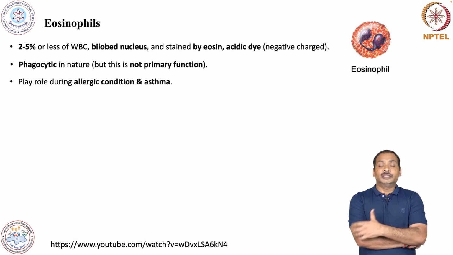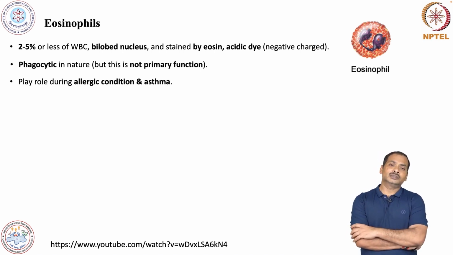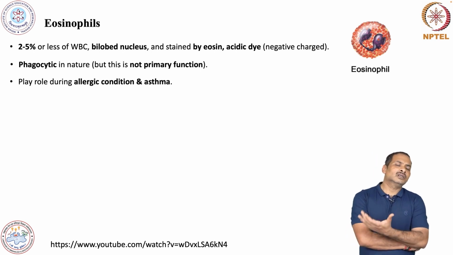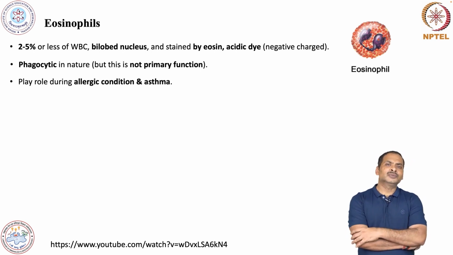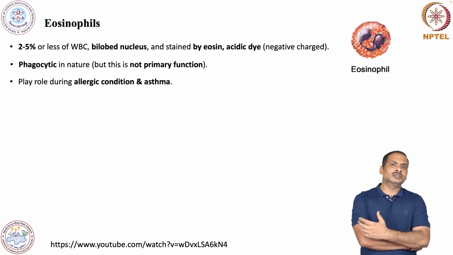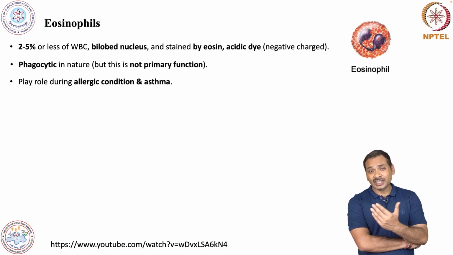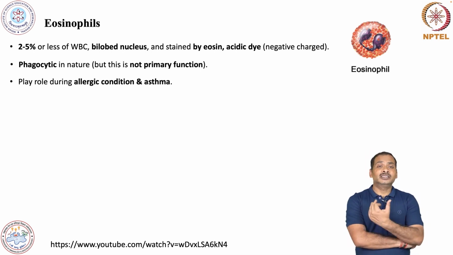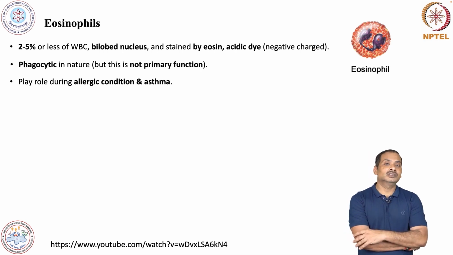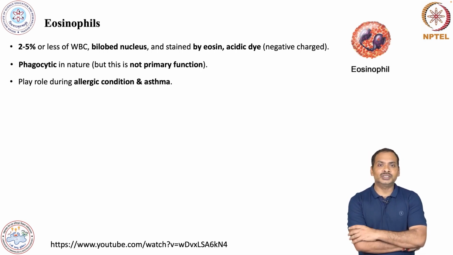They play a very important role in a variety of allergy conditions and in asthma. I will explain in great detail, along with mast cells, how they play a role in allergy and asthma, and these can be life threatening in some situations.